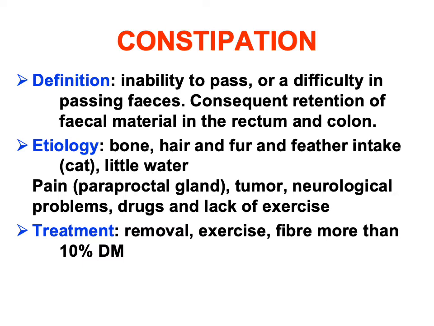This is the pain of the paraproctal gland. A tumor can have a similar role, or neurological problems, problems of the innervation of the defecation. Some drugs and lack of exercise can cause constipation.